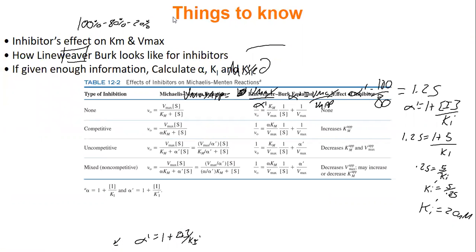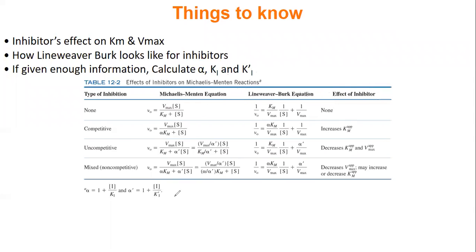And it's also shown here. This is the better example. So this variable right here, Vmax divided by alpha prime, that is saying Vmax apparent. So that's what we use to get alpha prime. And then once we had alpha prime, we could figure out our inhibition constant, which is Ki right there. And I gave you the concentration of inhibitor as well.